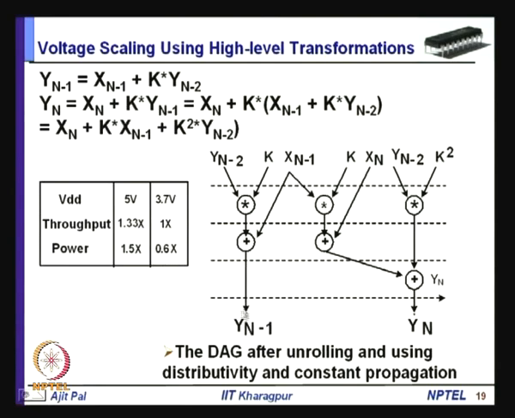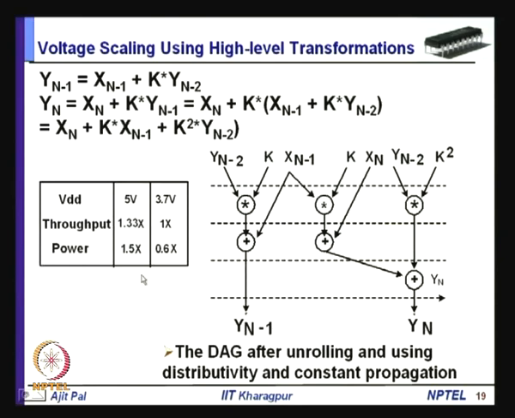Of course, for the computation you require 3 multipliers, 3 adders. In the original circuit, it was 1 multiplier and 1 adder to produce 1 output, but here you are producing 2 outputs, and it is 3 times. So, the power dissipation will be 1.5 times that of the original circuit.